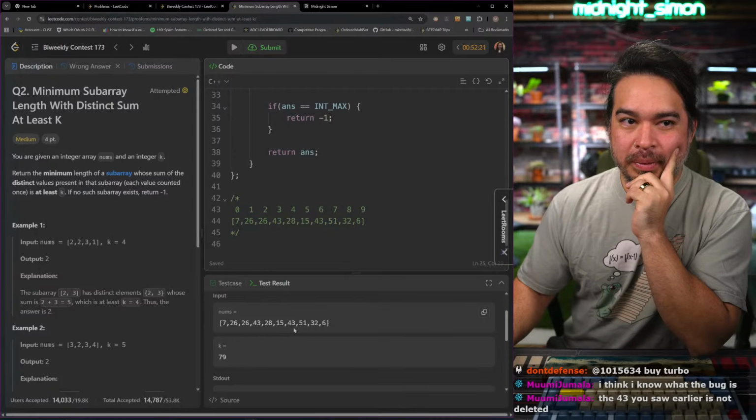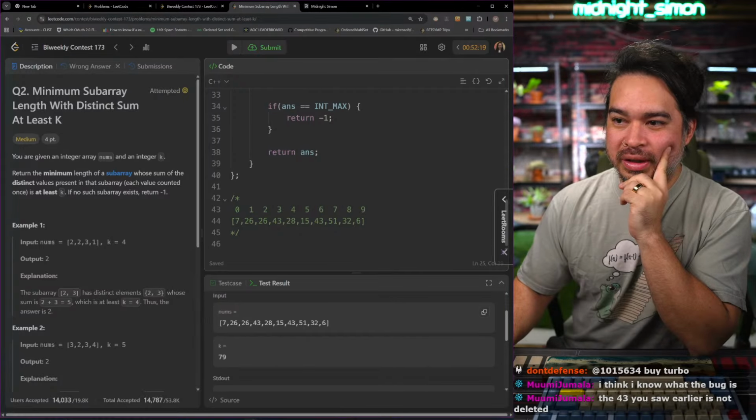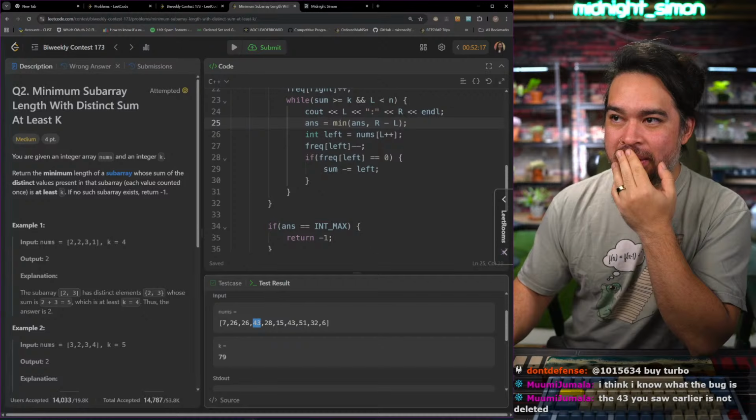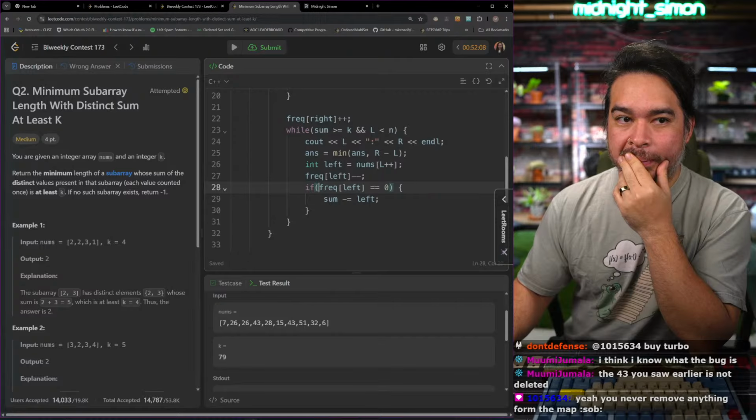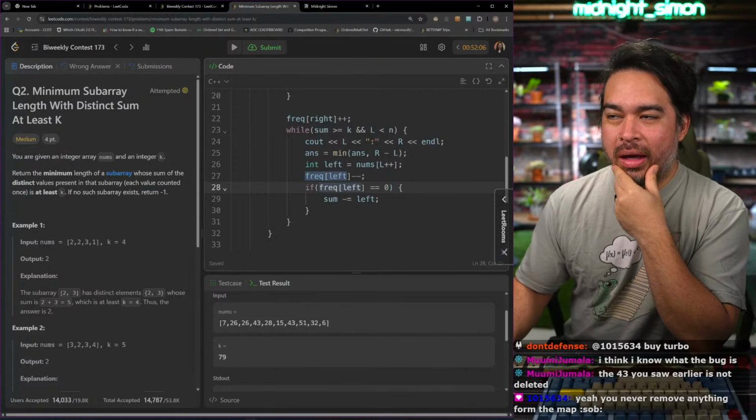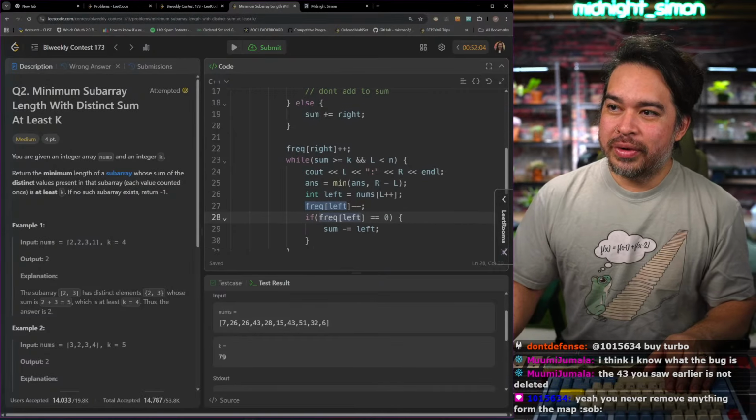The 43 I saw earlier is not deleted. But why do I have to remove anything from the map?